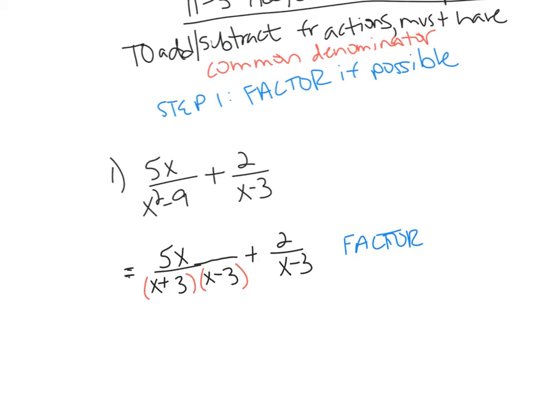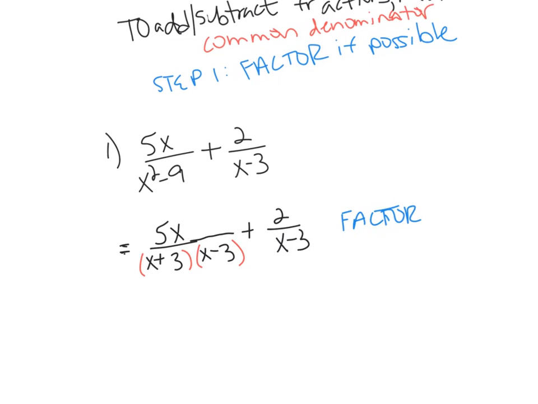So let's see. Our first denominator has x plus 3 and x minus 3. Our second denominator only has x minus 3. So we need to multiply by what is missing. In order to get the same denominator, you need to multiply by what is missing.